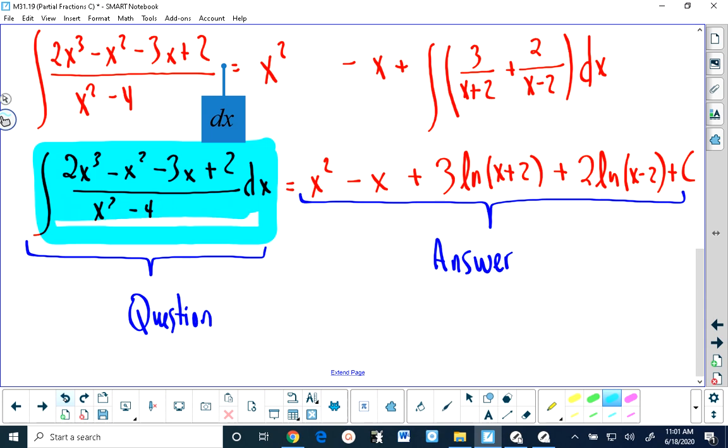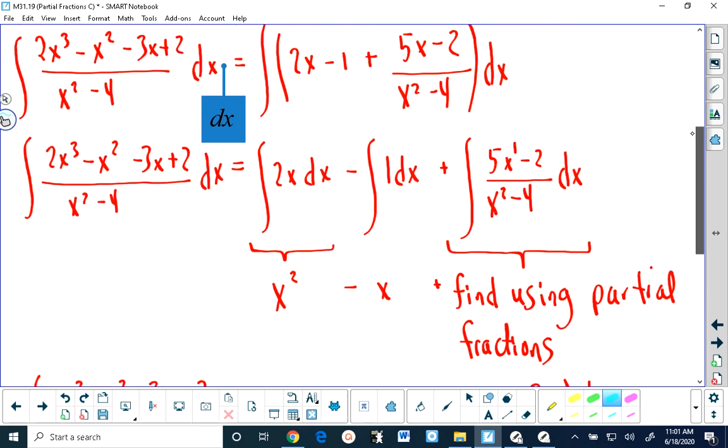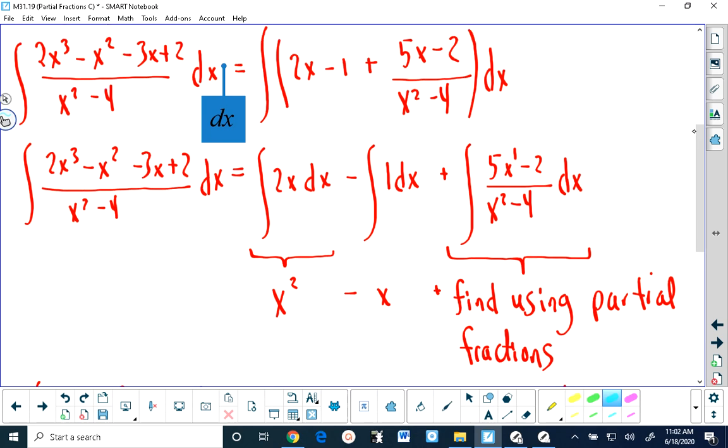We had to use long division first to break it into these three integrals. Once we had those three integrals, two of them were things that we could handle just in our minds. Antiderivative of 2x is x², antiderivative of 1 is x. But the third integral is something that we had to take a detour to evaluate.